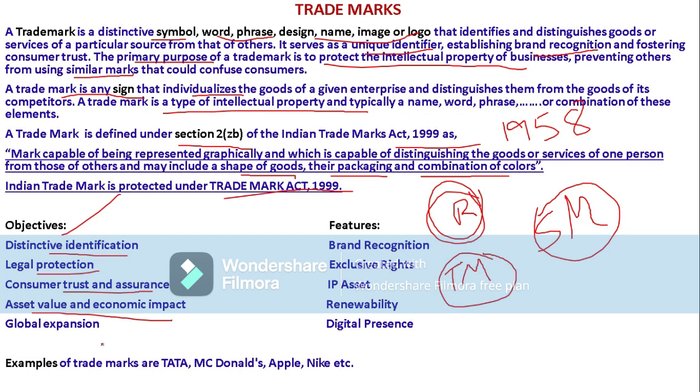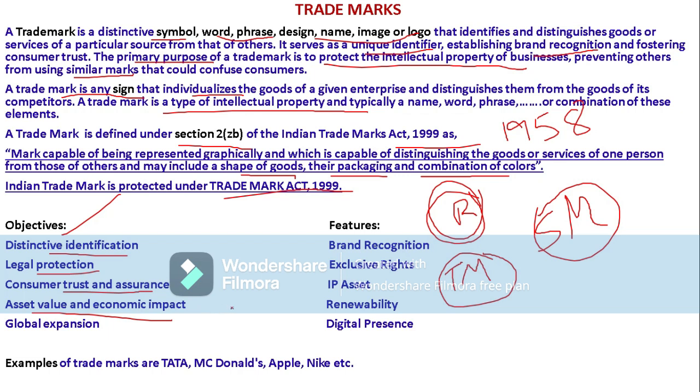Why? Because for a particular trademark, for example, Adidas shoes, it creates a brand in the shoe market. So what does this create? It creates confidence in the consumer, it creates consumer loyalty, and it creates repeated purchase by the consumer.